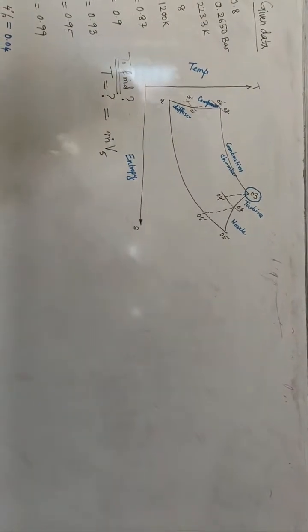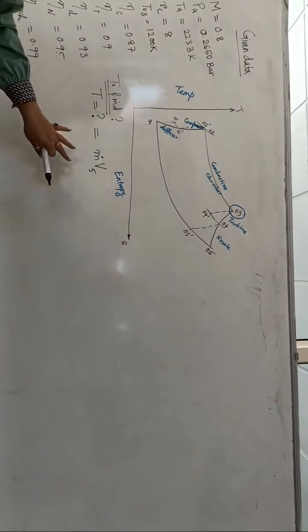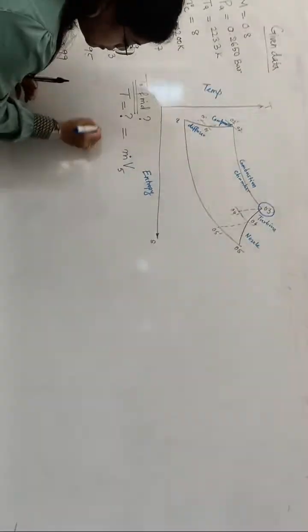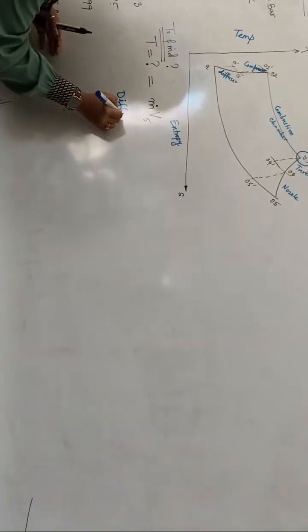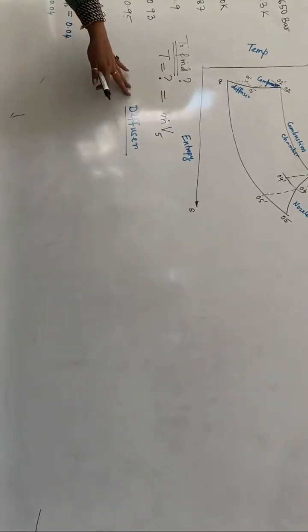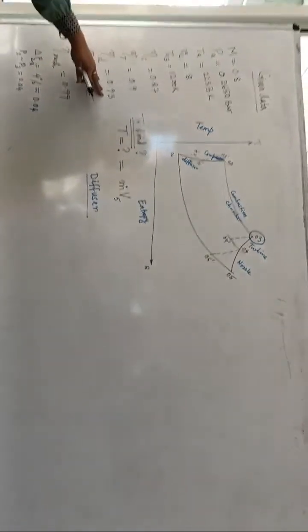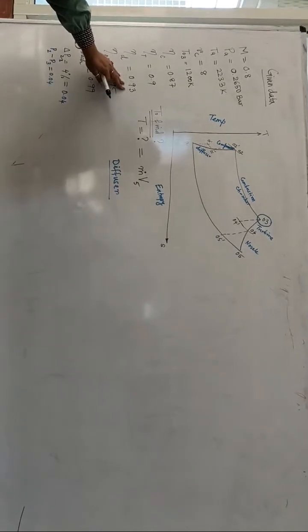And here I'm going to show you the proper procedure for how you can solve this problem. So first, solution, we are going to start. Write your component. In some questions, they will not give a diffuser efficiency, they will say ram efficiency or intake efficiency.